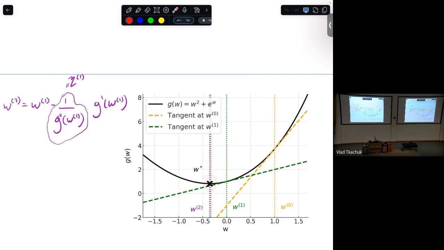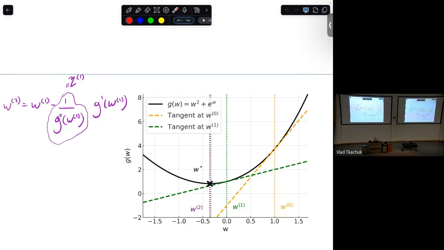We made some observations: at least in 1D, the derivative is equal to the gradient. In general, if you take the gradient at some point, its sign tells you in what direction to go to get the steepest ascent, to increase the function.